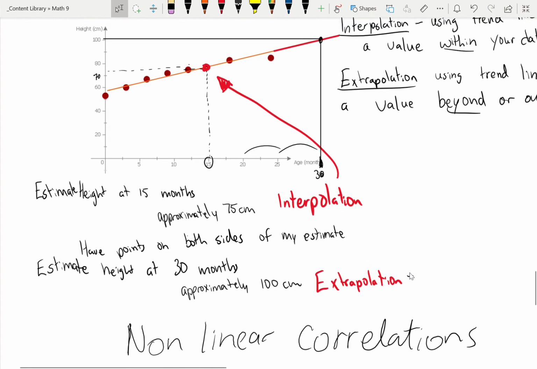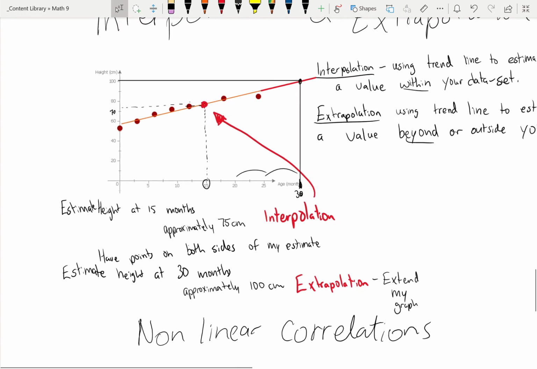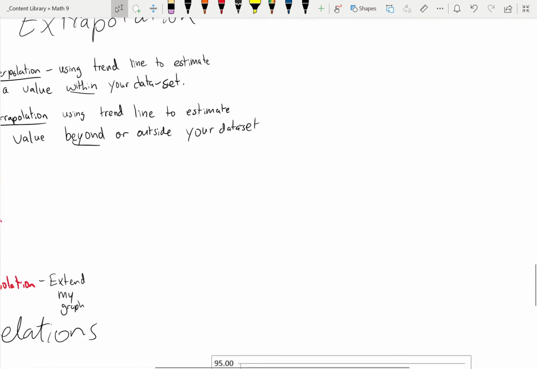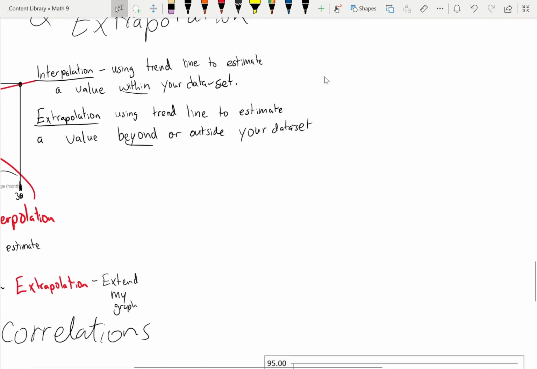I have to extend my graph. Now, of these two, interpolation is more accurate.